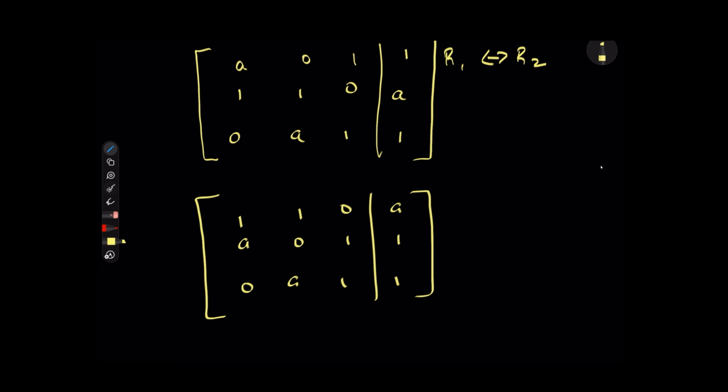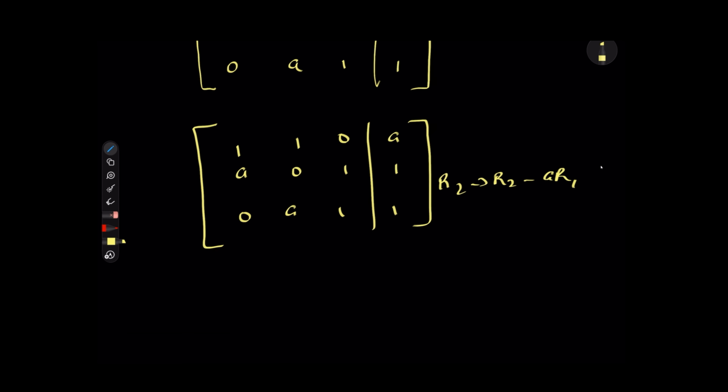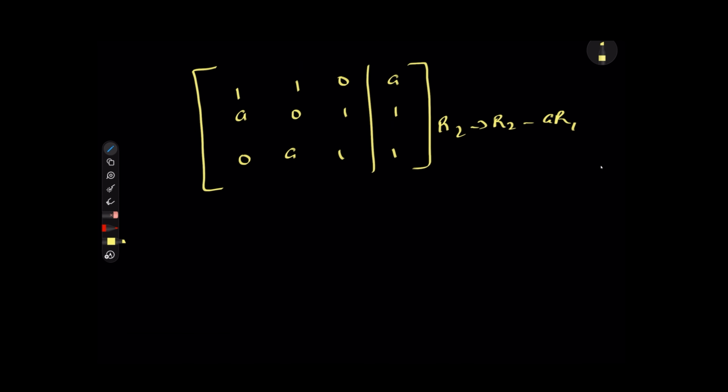Okay. Now in this position here, I need to get a 0. So I'm going to say that row 2 is row 2 minus A times row 1. That will give me the 0 which I want right here. So row 1 remains the same.